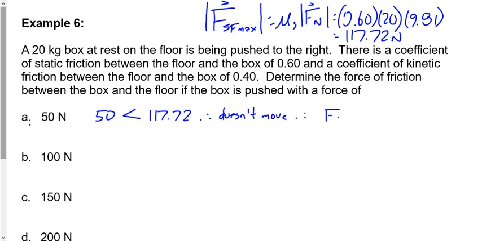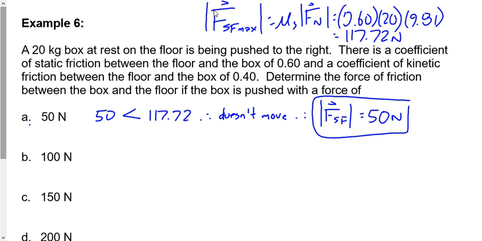Therefore, the force of static friction, not the maximum force of static friction, that's 117. The force of static friction that's acting in this particular case is just 50. It's however hard I push, remember?